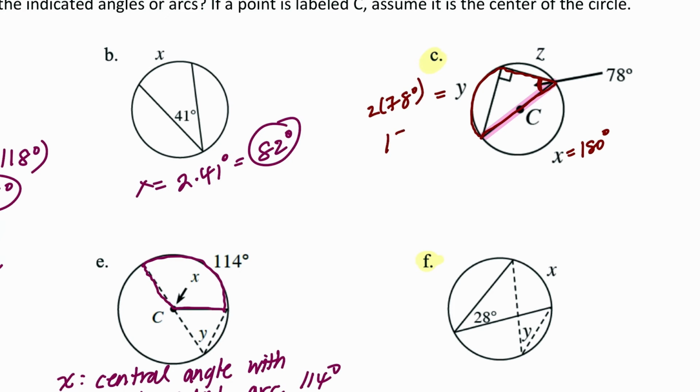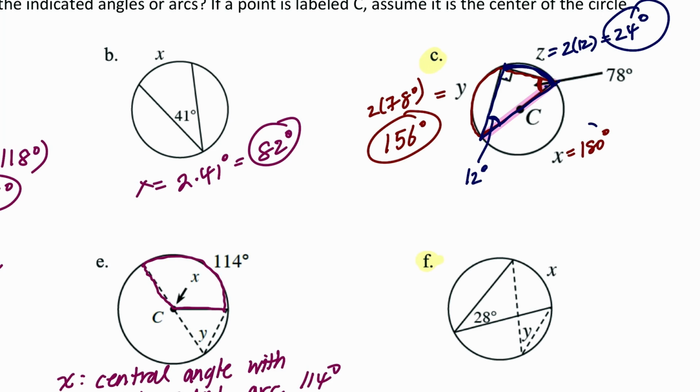So you should have 156 degrees for the Y. And then for the other side, if you do 180 minus 90 and 78, you should have 12 degrees for that third angle inside a triangle. So if that angle is 12 degrees, then our intercepted arc is going to be twice that. So then you should have 24 degrees for letter Z.